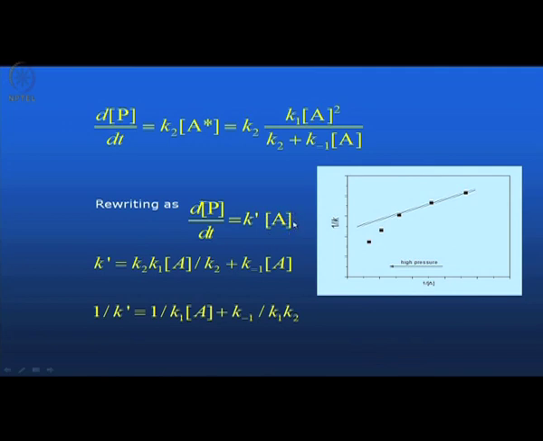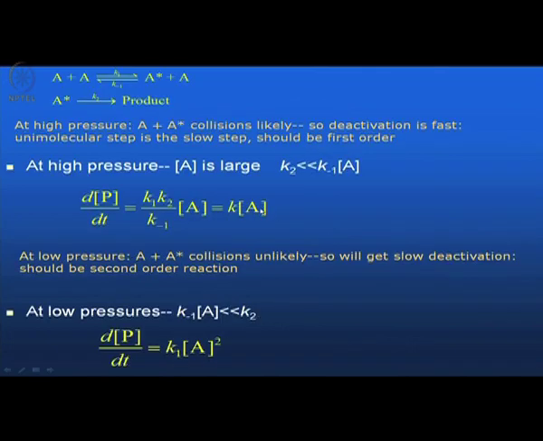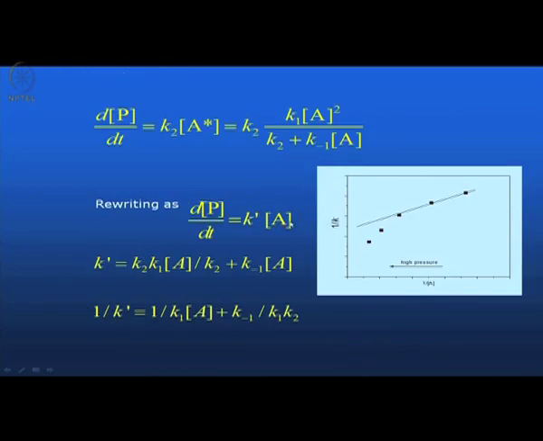Why am I writing in terms of the first power? Because A to the power 1 is A, so this overall expression will be at least A to the power 1. That is why the minimum A to the power 1 term is written, and the rest may come into action depending on the pressure condition.